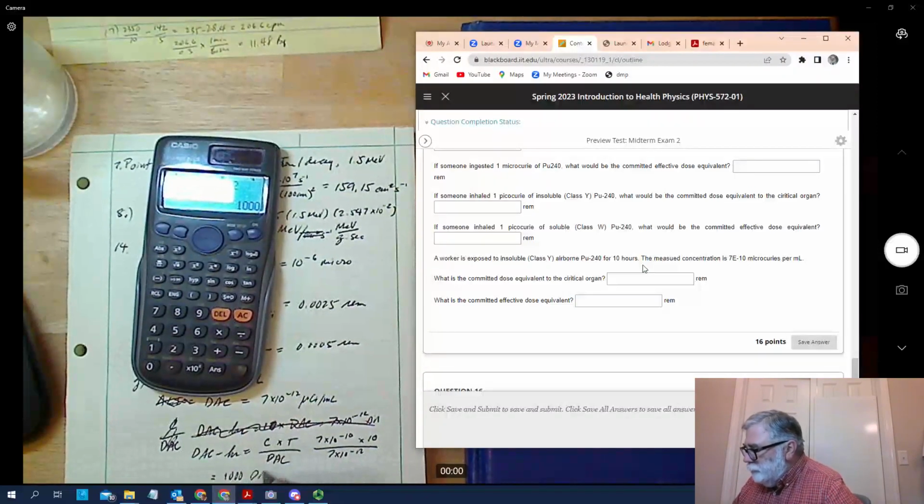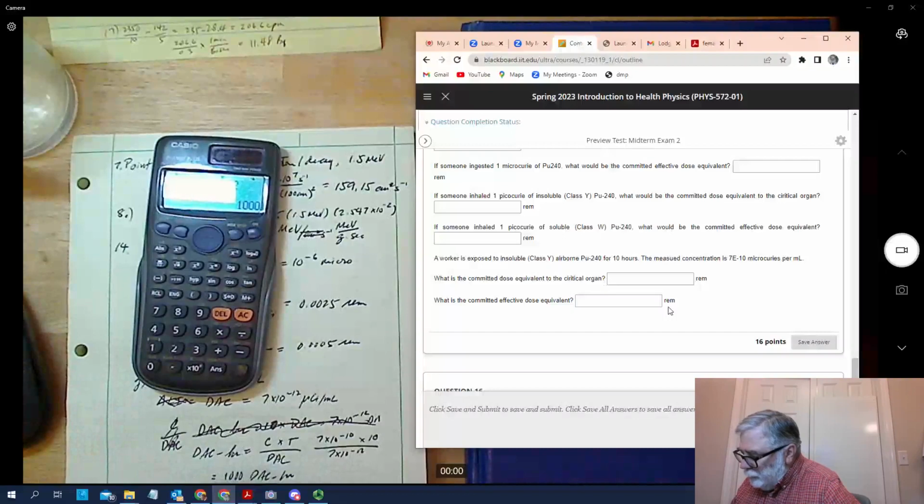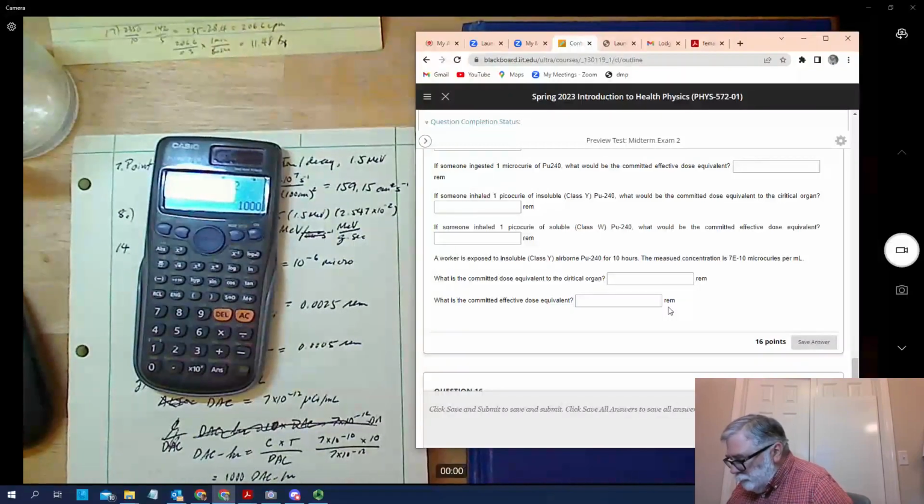Okay? Now 2,000 DAC hours, this is for the critical organs, so that's 50 rem for 2,000 DAC hours. So 1,000 is a half, so it's 25 rem. So that's part G, 25 rem.